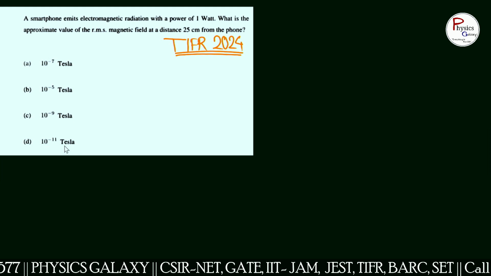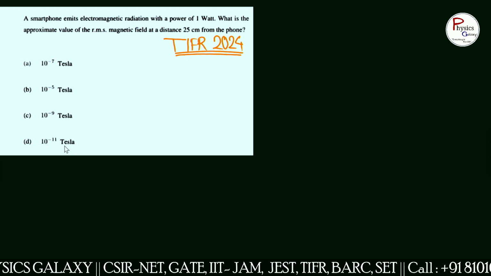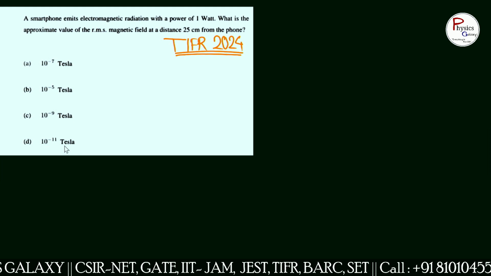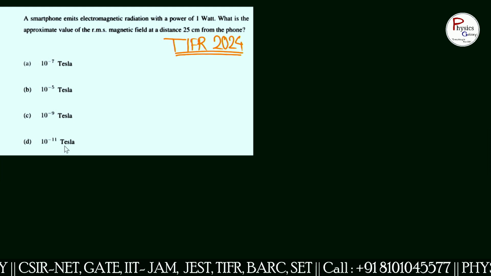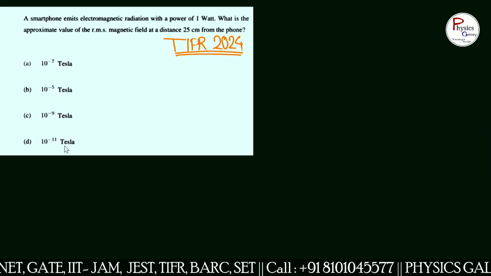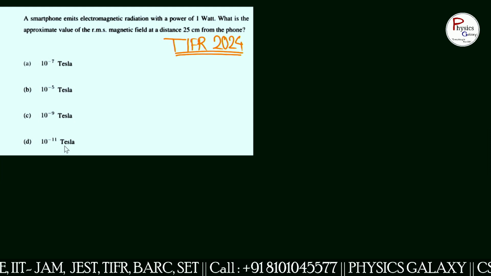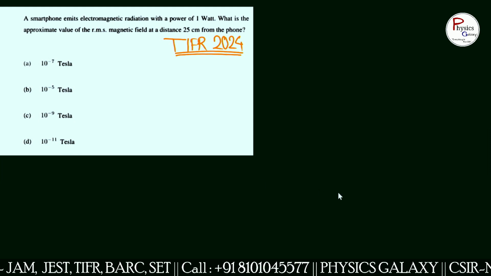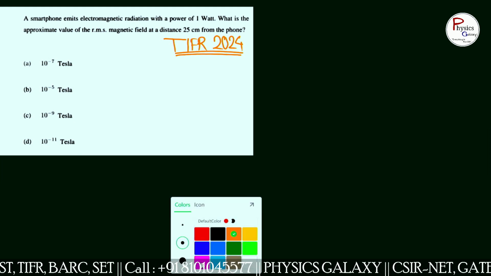Next question comes from the 2024 TIFR exam. A smartphone emits electromagnetic radiation with power 1 watt. Now we are required to find the RMS magnetic field. The data given in this question are the power and the distance from the source.